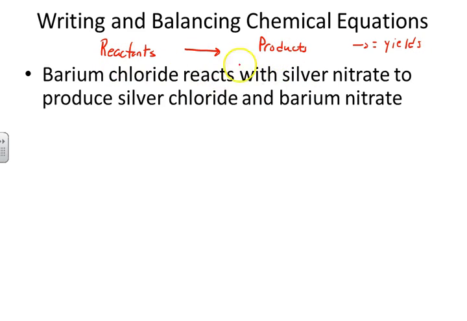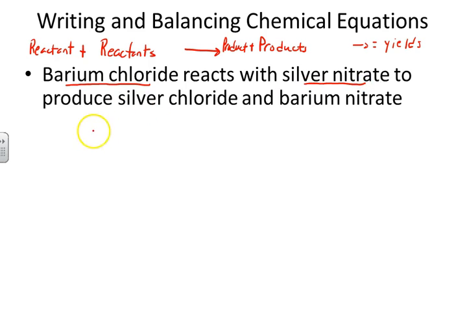So this is reactants yield products. When we have more than one reactant, we also connect them with plus signs. So we could have reactant plus reactant yields product plus product. We would say in this case that substance number one reacts with substance number two to produce, or to yield, product number one and product number two. So in this reaction, barium chloride reacts with silver nitrate.